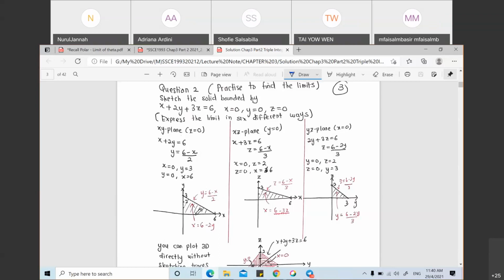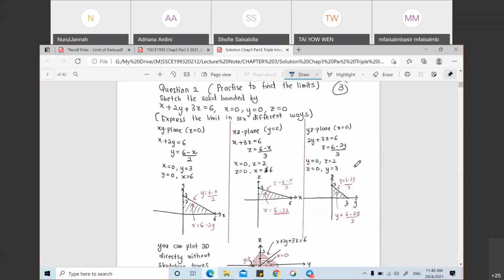It's already 2D. For y equals 0, x plus 3z equals to 6, so z is (6 minus x) over 3. So from here, when x equals 0, z is 2. When z equals 0, x equals to 6. So we have z equals (6 minus x) over 3, or x equals 6 minus 3z. Okay. For the yz plane, x equals to 0.